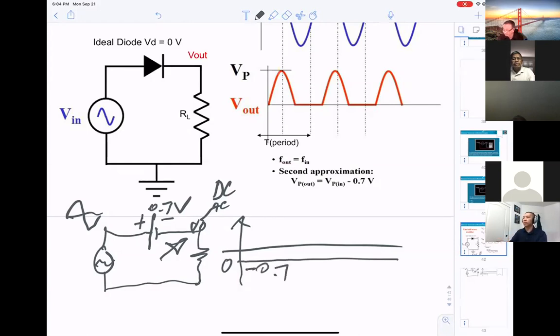You see that? And now, also you can get the sine wave, and that will be a 0 right here, and that will be minus 0.7.